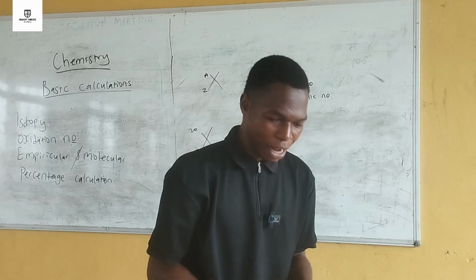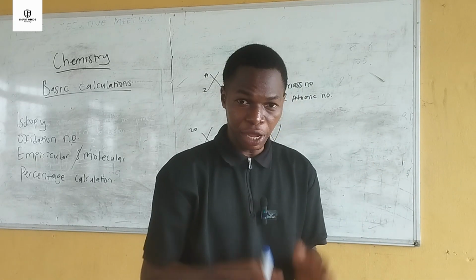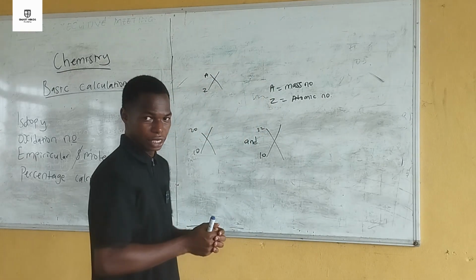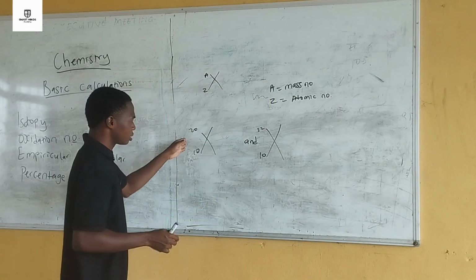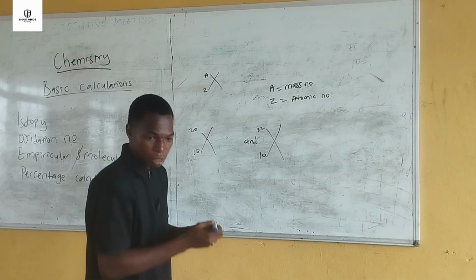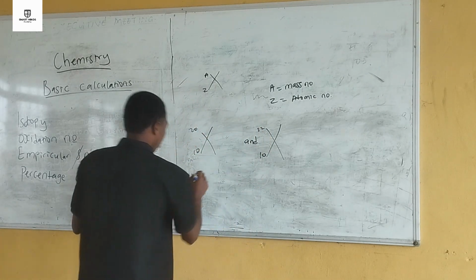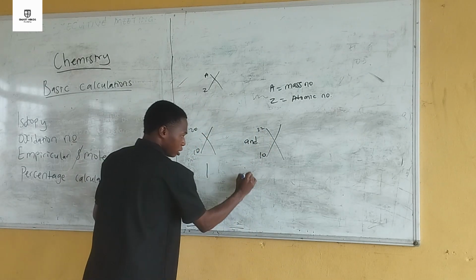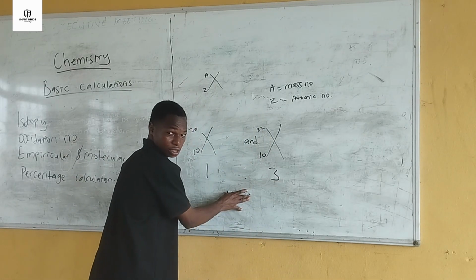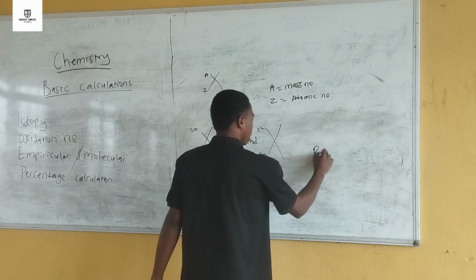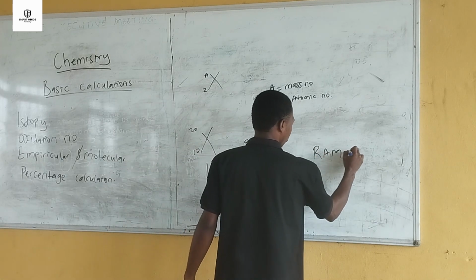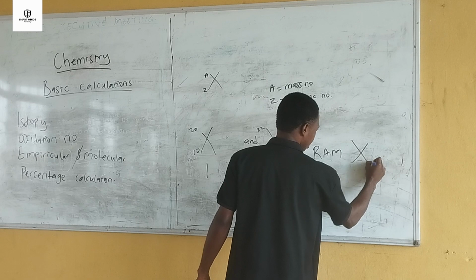What is the relative atomic mass of X? They say this, is it 1:3? Yes. Therefore, this one is 1:3. Now they say what is the relative atomic mass of element X?